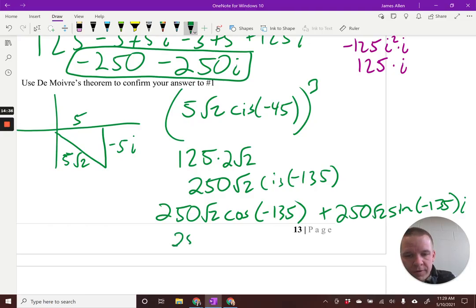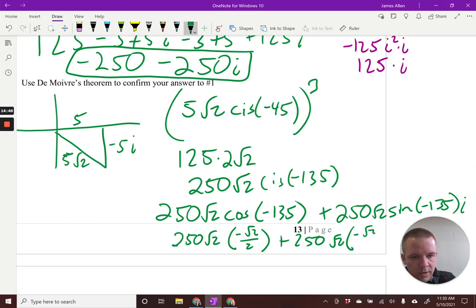So I would have 250 root 2 times negative root 2 over 2 plus 250 root 2 times negative root 2 over 2 i. Let's see here. The root 2's multiply to become 2, which then cancels out with the 2 in the denominator. So I'm left with 250 plus, and then, ooh, that's a negative though.